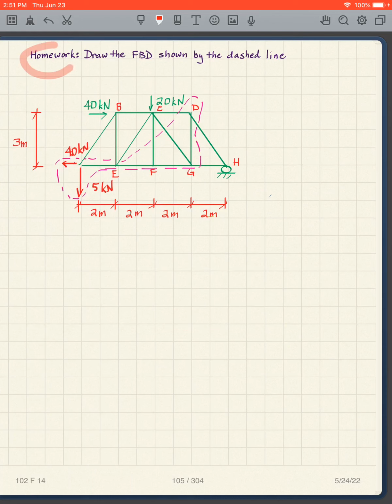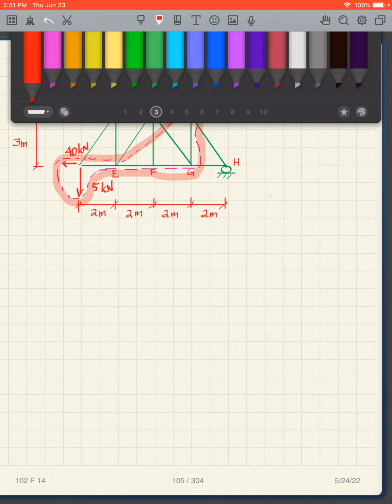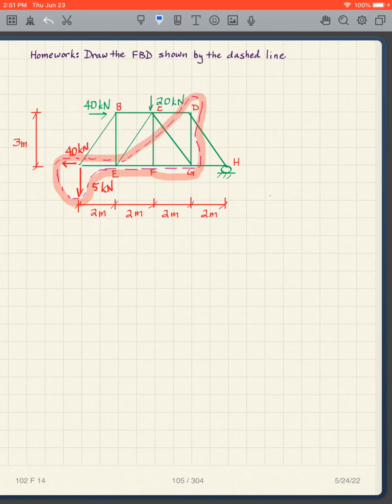Okay, so here's homework: draw the free body diagram shown by the dashed line. Here's my dashed loop. You have to look closely here. I'm going to tell you in advance, if you don't have a cut and paste function, then you need to draw exactly what is contained in this loop.